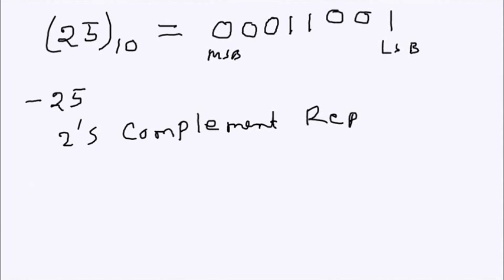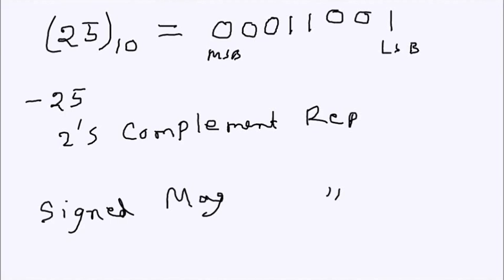Let me write it a little below. So there are two different ways, and the result will be two different binary numbers. First, let's talk about how the 2's complement representation works.